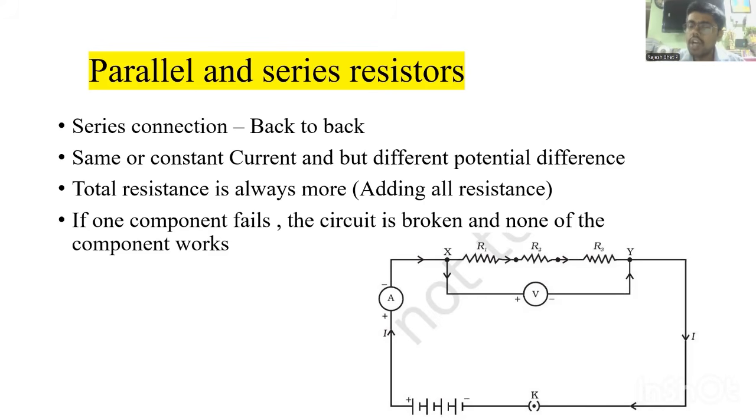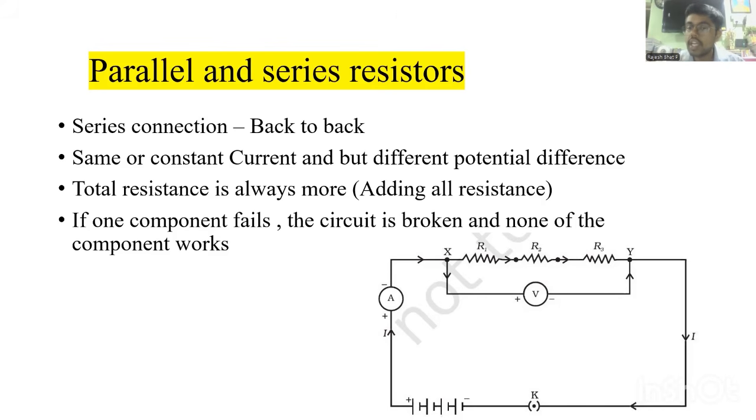It will go through R1, then R2, then R3. It keeps going, never deviates, there are no other paths for the current. Current will go in a straight path. What will change? The potential difference will change. The potential difference for each one is different here. Remember this: in series connection, current is same, potential difference is different.